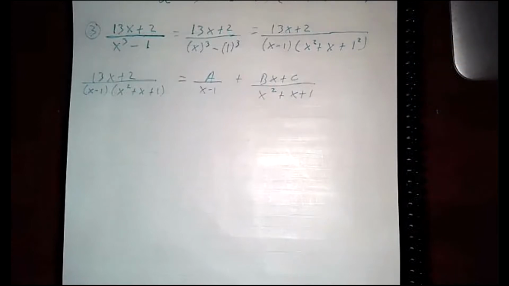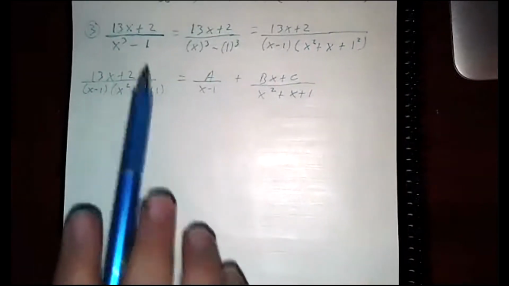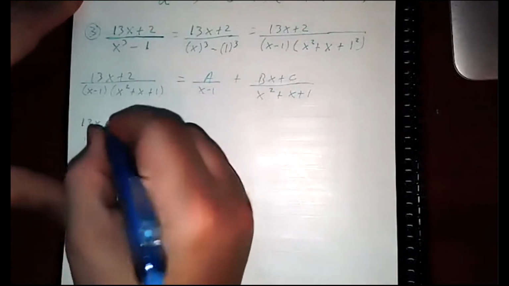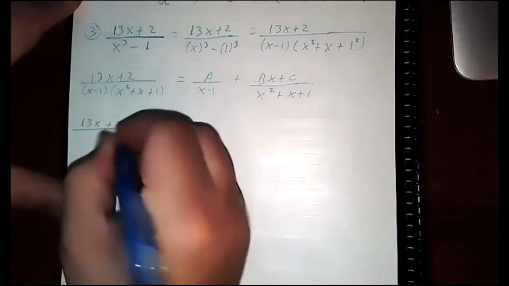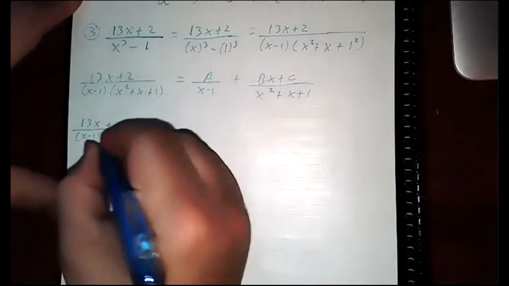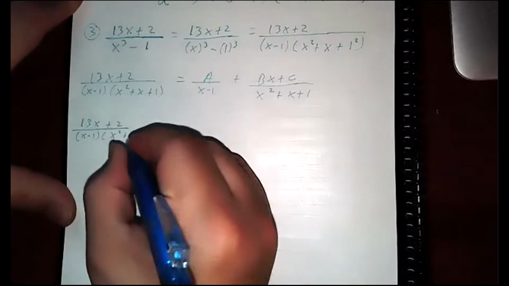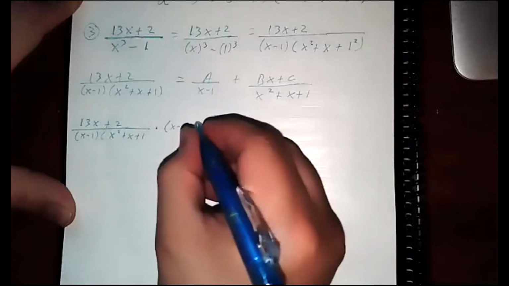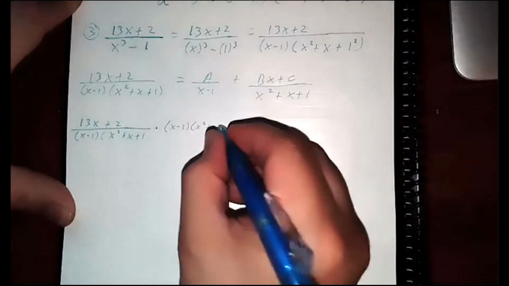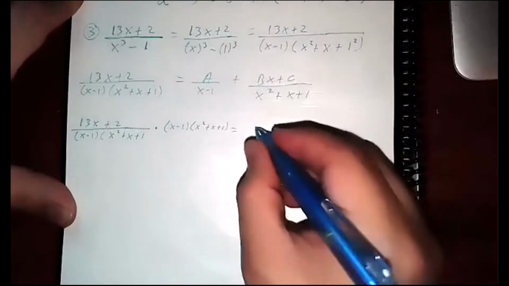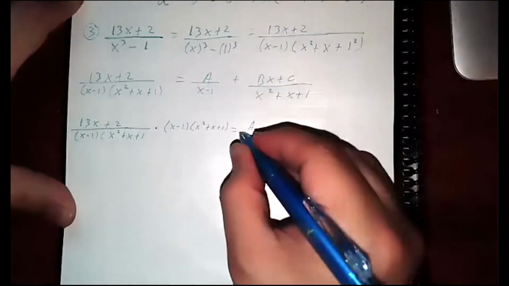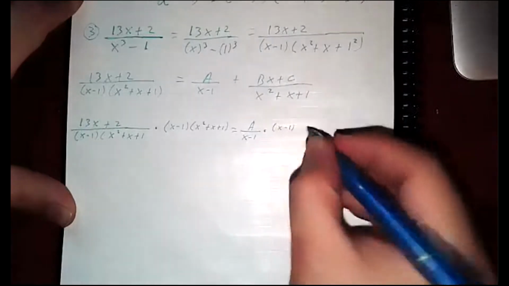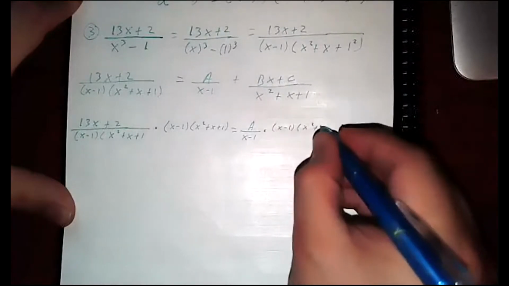Okay. So multiply by this part down here to cancel all the fractions. So I'm going to write 13x plus 2 over x minus 1, x squared plus x plus 1 times x minus 1 times x squared plus x plus 1 is equal to a over x minus 1 times x minus 1 times x squared plus x plus 1.